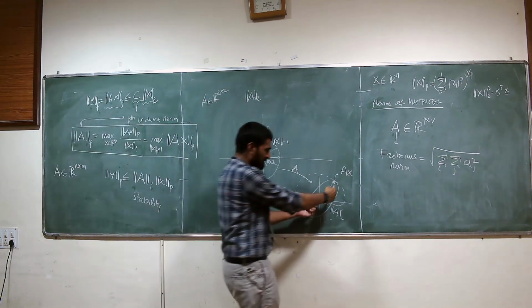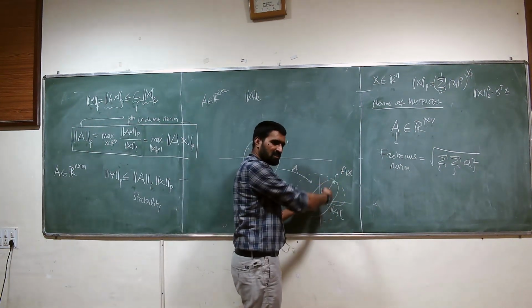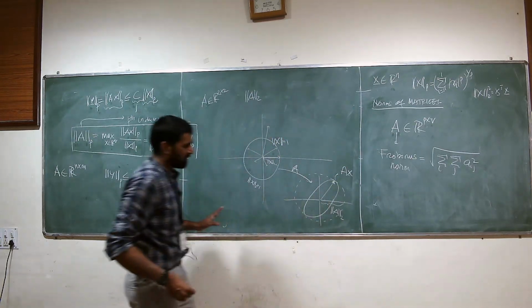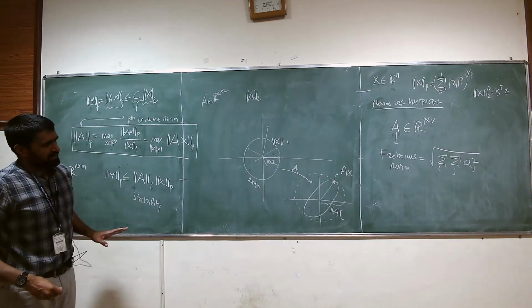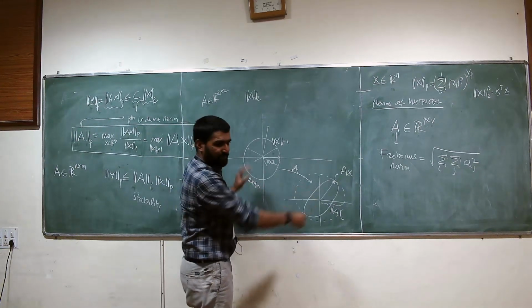That will simply be the length of the major axis of this ellipse. So that's how you think about it geometrically.